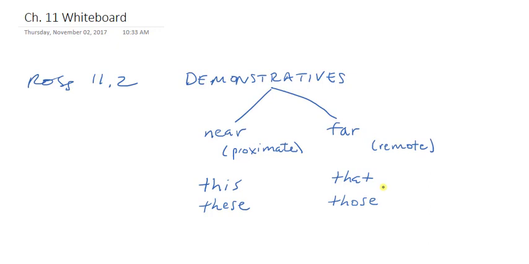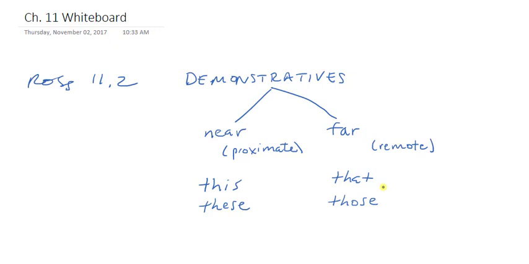So if I wanted to refer to my computer, and mine's closer to me, would I refer to this as this computer or that computer? This, okay? I really like this computer, the one that's close to me, but that computer that John has, that just wouldn't be good enough for me. I'm just kidding, of course.